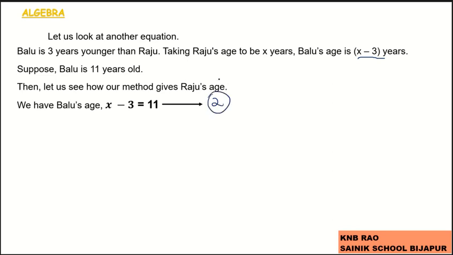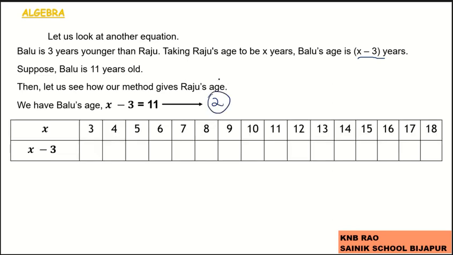Now, I will make a table. Last time I made it vertically, now I am making it horizontally. We normally prefer a horizontal table because in the exam it won't take much time. When x is 3, x minus 3 becomes 0. When x is 4, x minus 3 becomes 1.